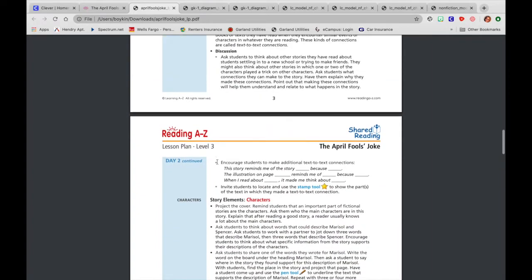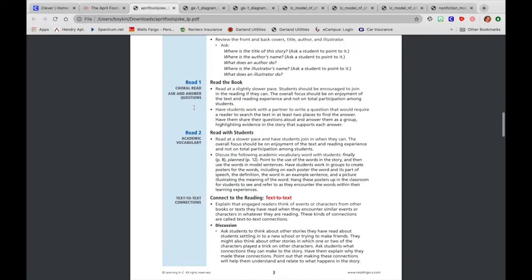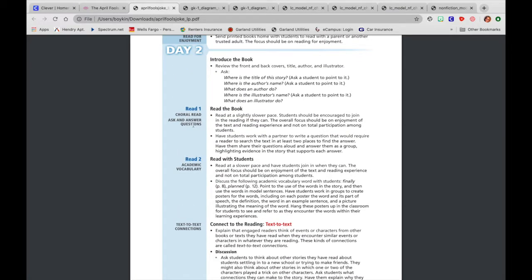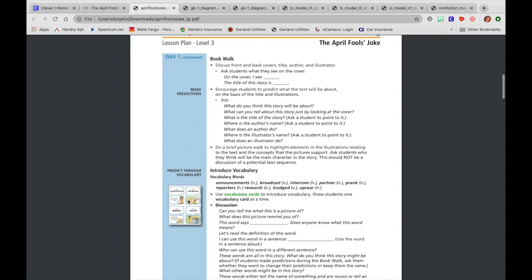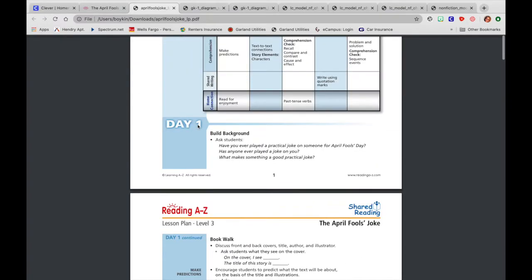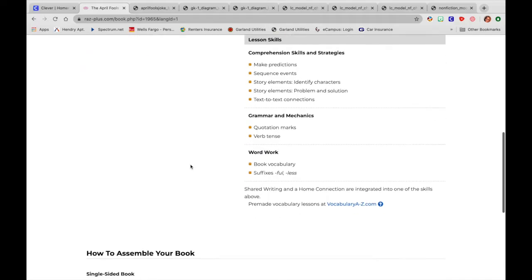You'll notice right here to the left, it even breaks it down into academic vocabulary. There's a part where they choral read, ask and answer questions. Here's your vocabulary. You're going to predict through vocabulary. This is your introduction. So they have really tried to make this as easy as possible to actually deliver the lesson.